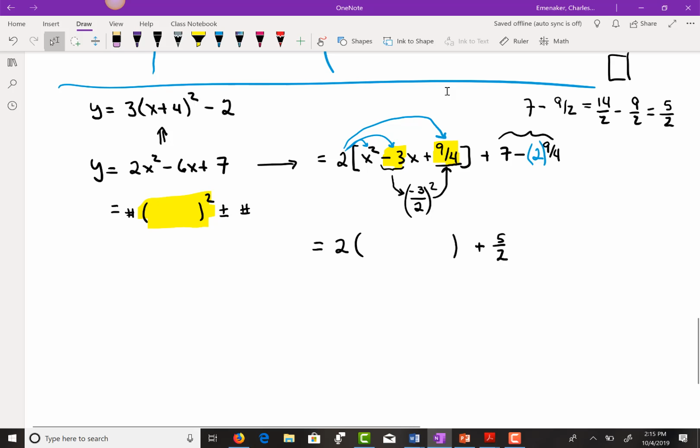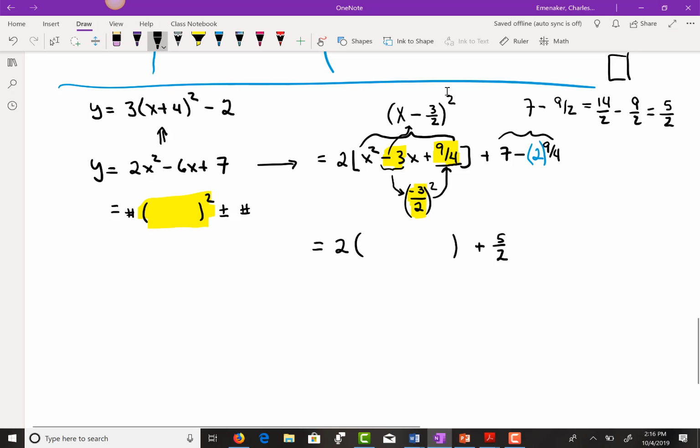Now, the last thing we need to deal with here is what's inside of the brackets. And if you'll recall, we rigged that so that something special would happen. When you complete the square, when you do this move down here, it will always be the case that this will factor into x, whatever this is, plus or minus, then it's going to be the 3/2 squared.